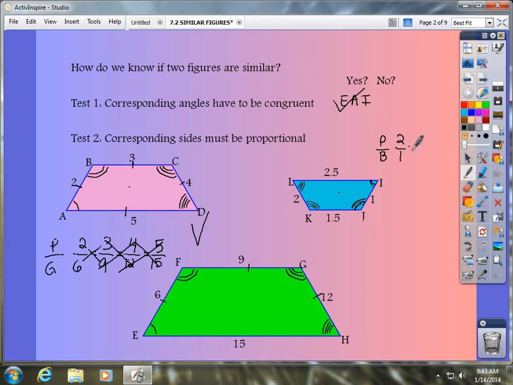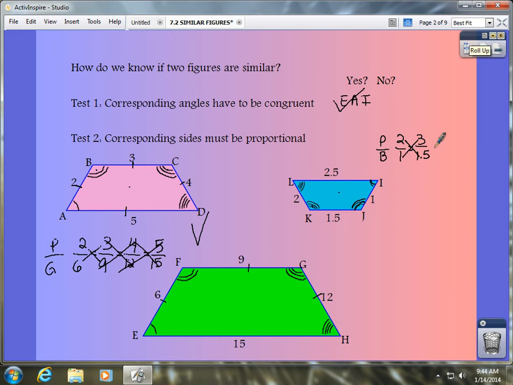Now between angles 2 and 3, here it's on the bottom, I have 3 and I have 1.5. If I multiply 2 times 1.5, I get 3. 3 times 1 is 3. So that's proportional.